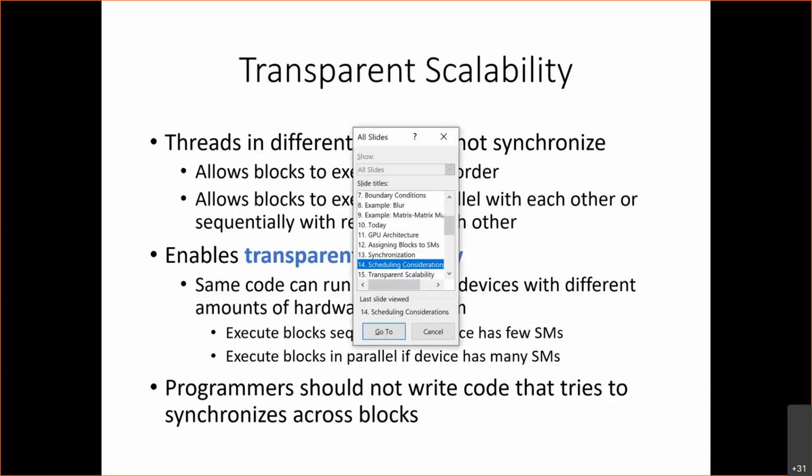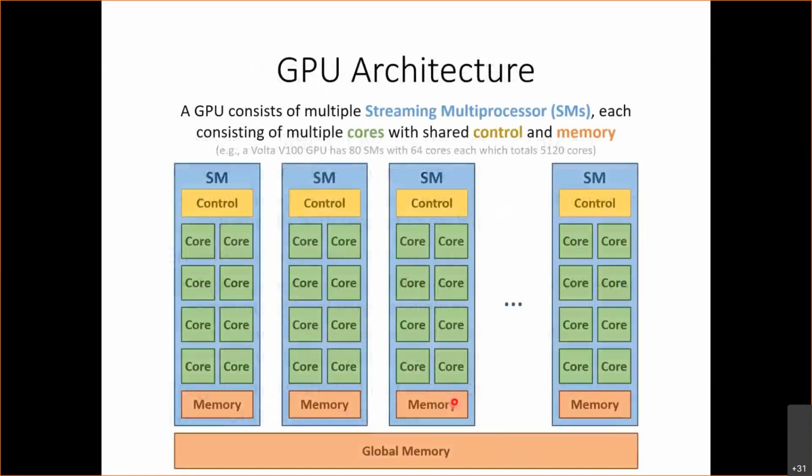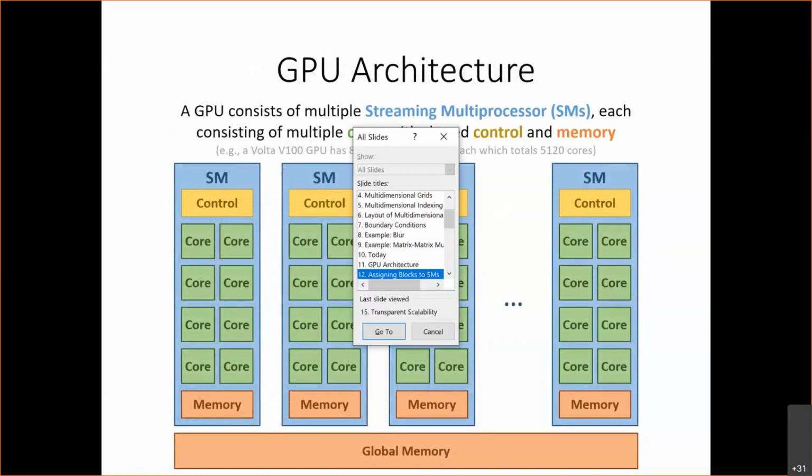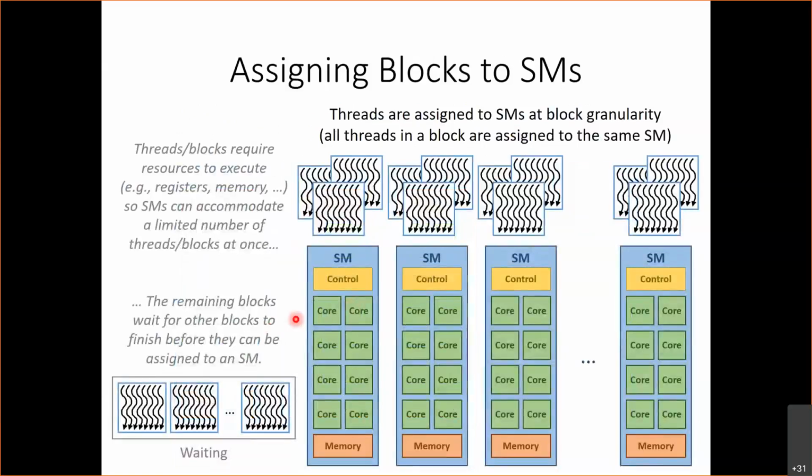Let me go back to my architecture figure, not this one. So here, if I try to communicate between the blocks that are running on these SMs and blocks that are waiting, if I say I want all these blocks to wait for each other at some point in the code, what's going to happen?